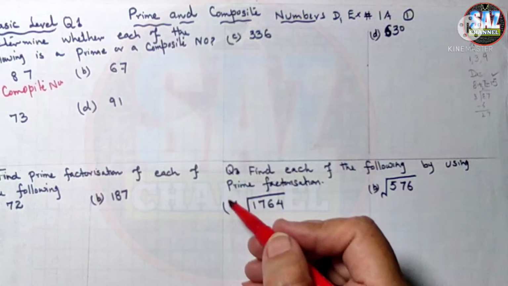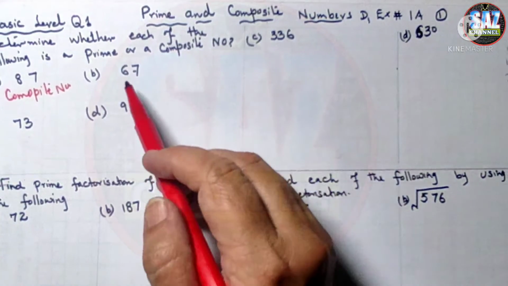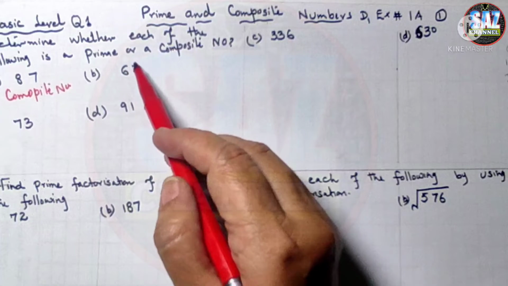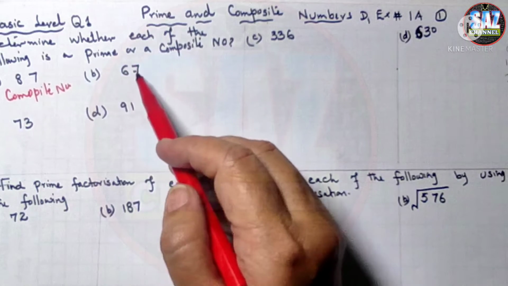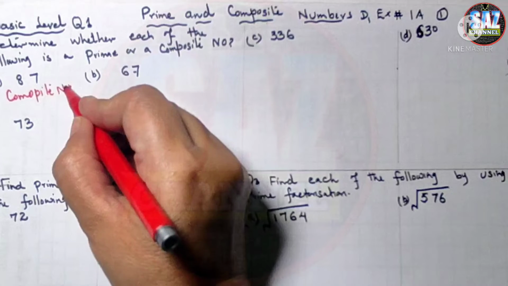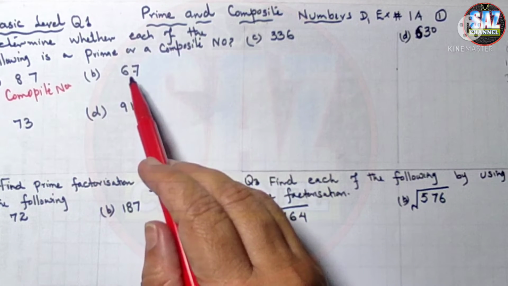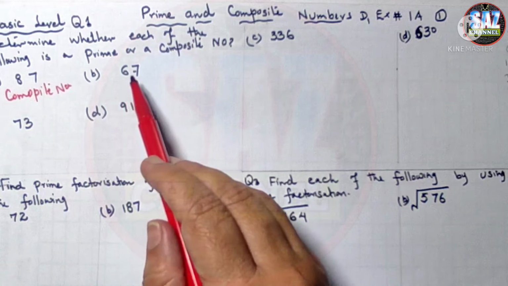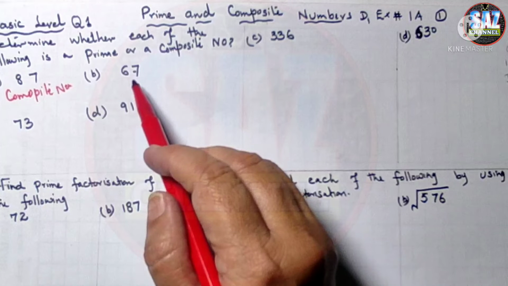Moving to the second number, which is 67. Again, focus attention on the unit digit. It's not a multiple of 2, so there is no reason that this number can be divided by 2. Moving to the test of 3. Add up the digits: 6 plus 7 is 13. 13 is not divisible by 3, so it's not divisible by 3.